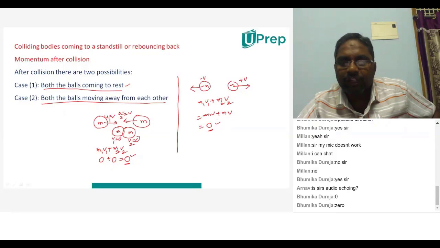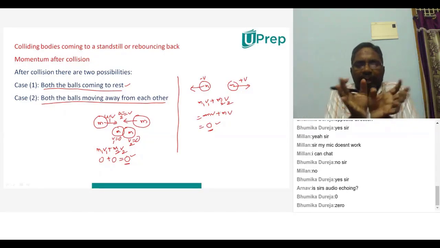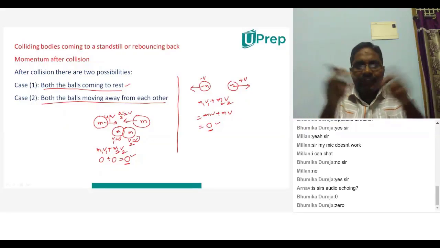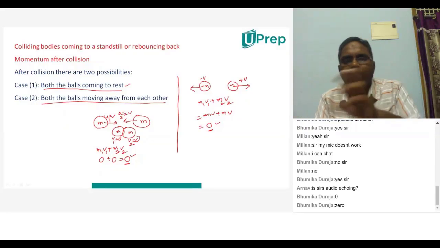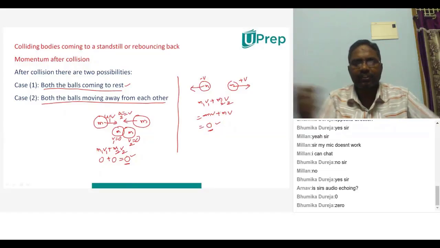But try to understand, rebouncing back means they are moving with the same velocity. Then only you have to say rebouncing. If they are moving away from each other with different velocities, you will say rebouncing with a different velocity.